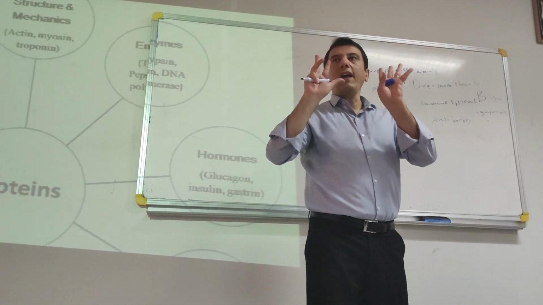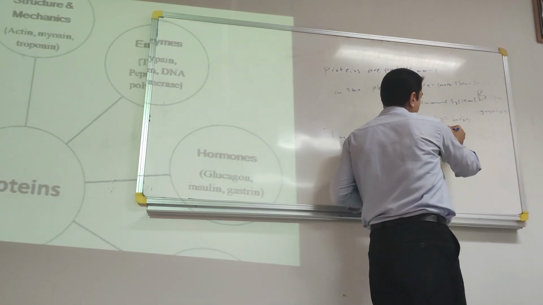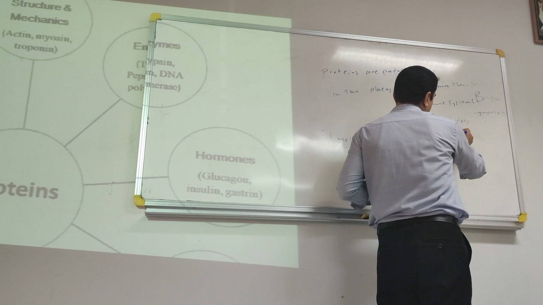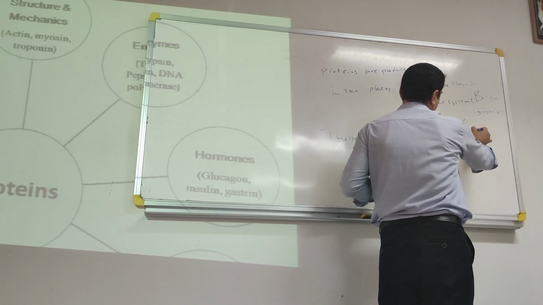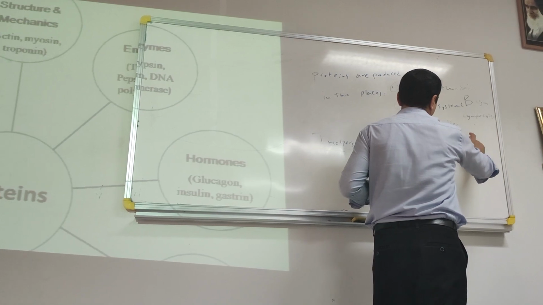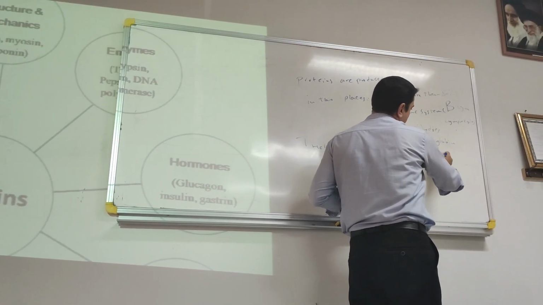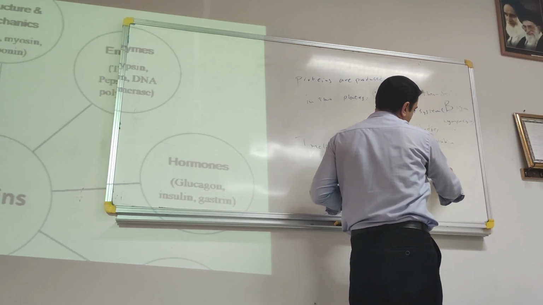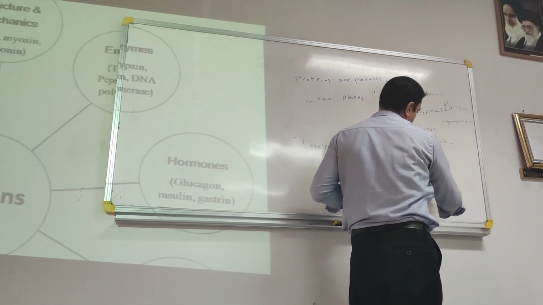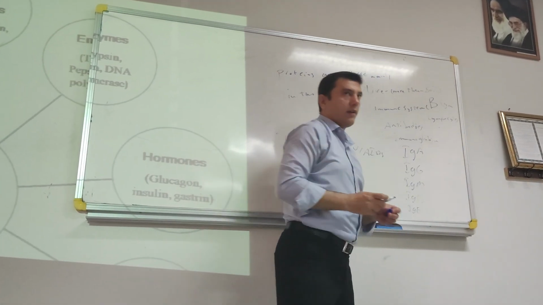We have 5 types of antibodies, or immunoglobulins: IgA, IgG, IgM, IgD, and IgE.